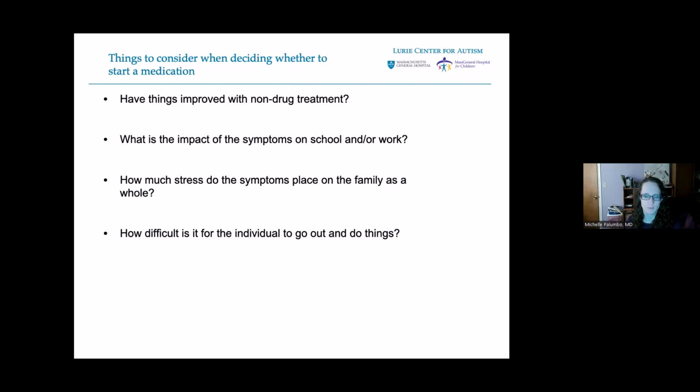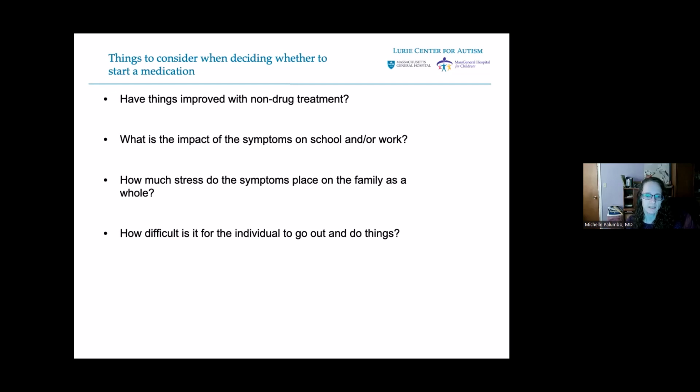And so I find that when there are a lot of behavioral challenges or symptoms, that can limit the child's environment in terms of where they might be able to get their education or what social activities they're able to participate in. So I like to think about how treatment could potentially allow the individual to be more inclusive and enjoy life to the fullest and participate in other activities.